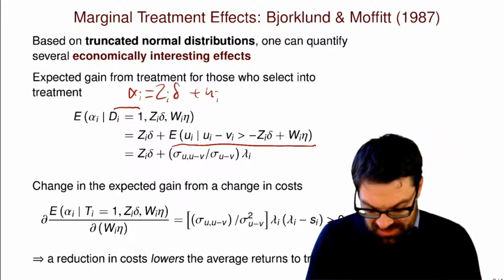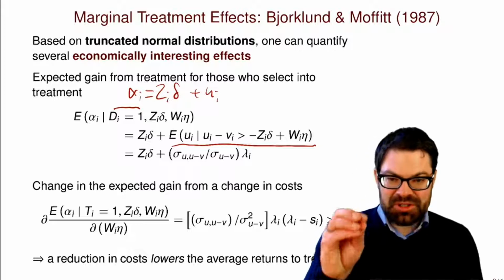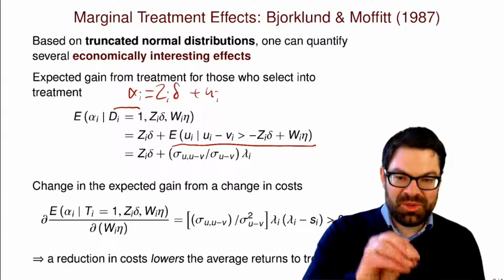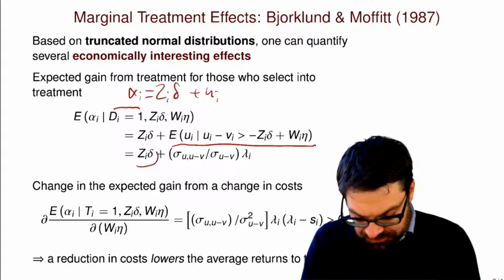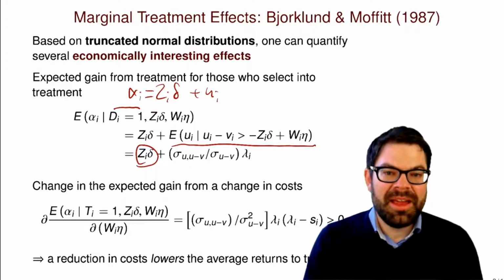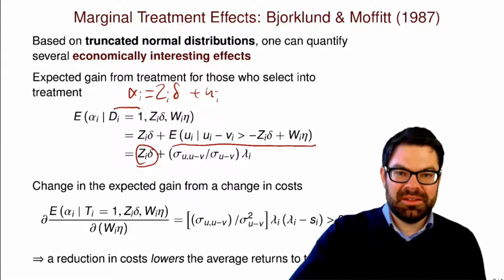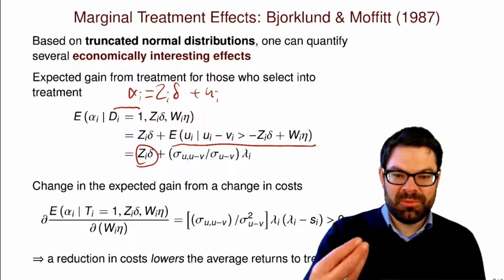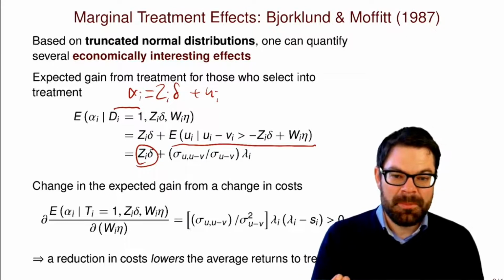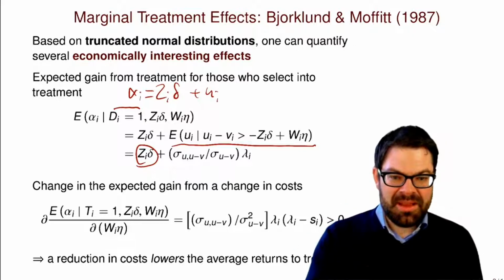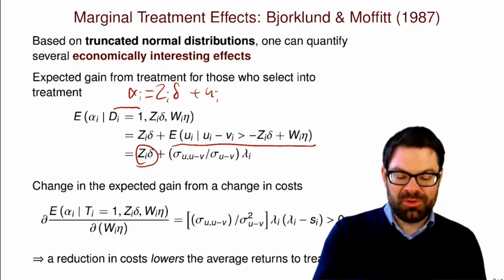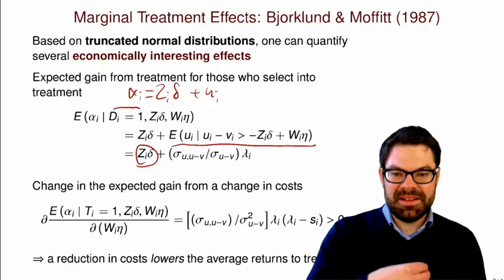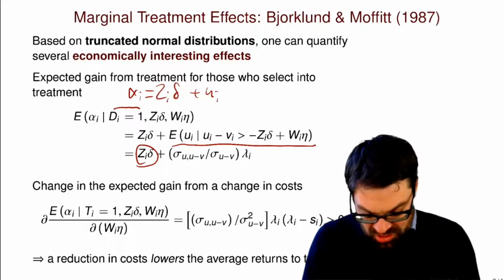But what you can see here immediately is that the average gain from treatment among those people who have actually chosen the treatment is determined by the gain that comes from some instrument, but also depends on who are those people for whom selecting into the treatment is most beneficial.